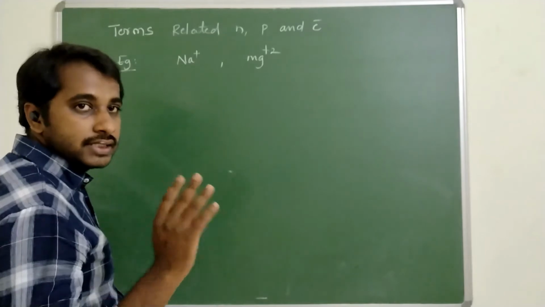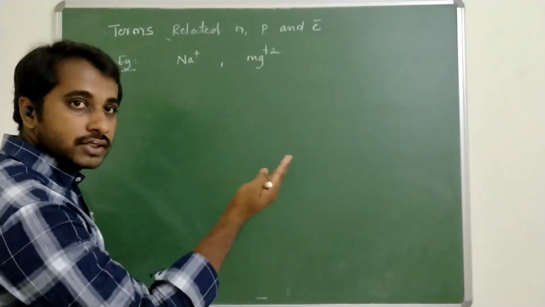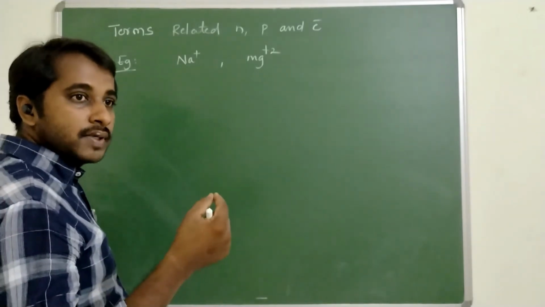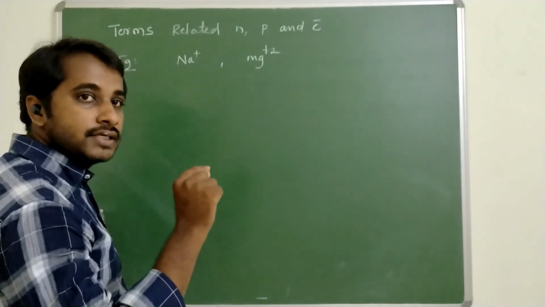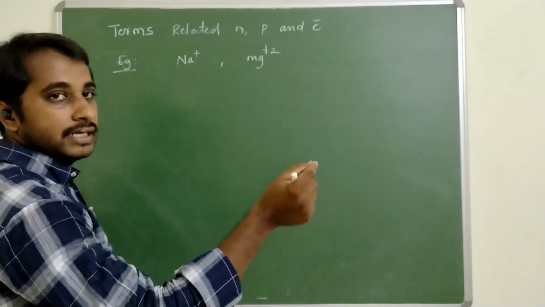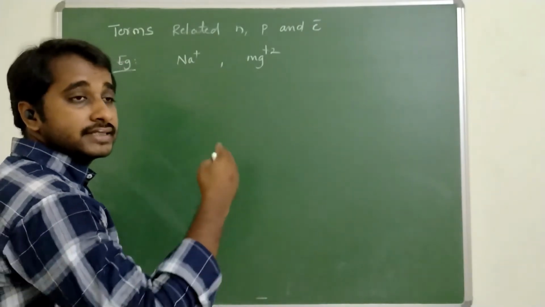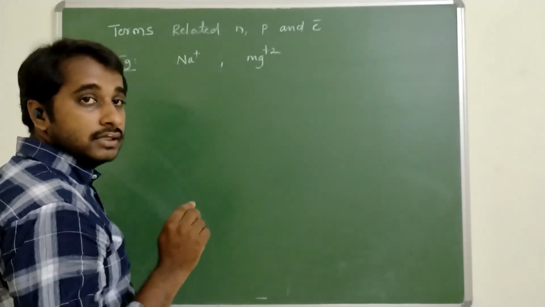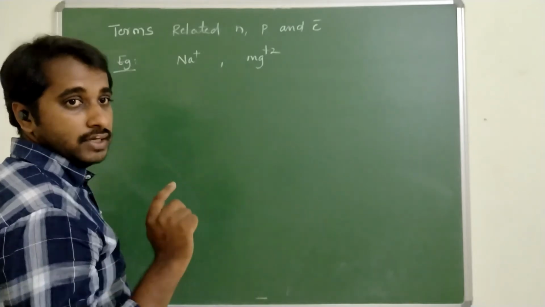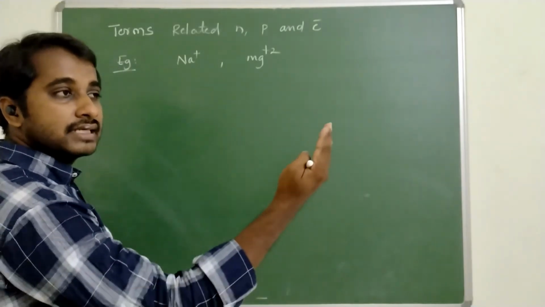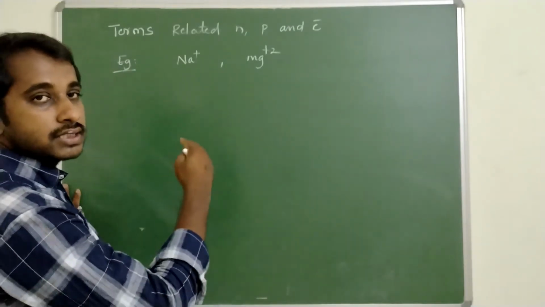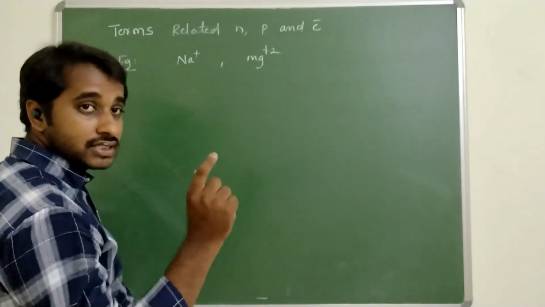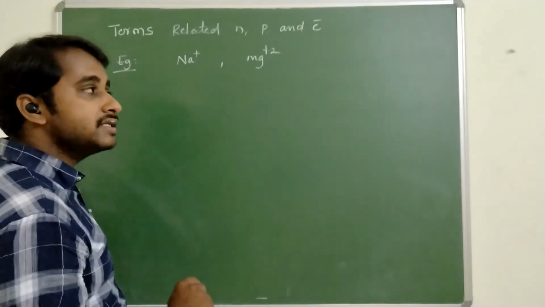So the distance from the center to the last shell decreases. There is more attraction on the last shell compared to the sodium atom, so the shell sinks towards the nucleus and size decreases.